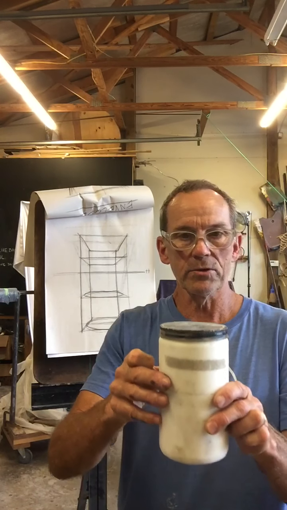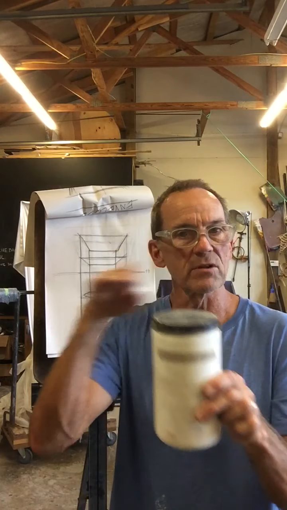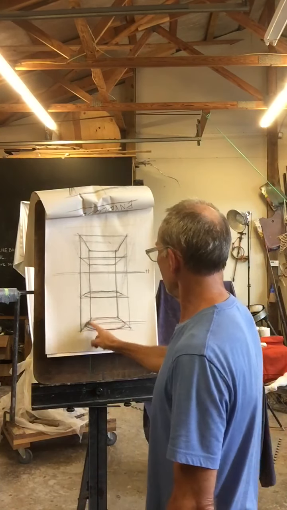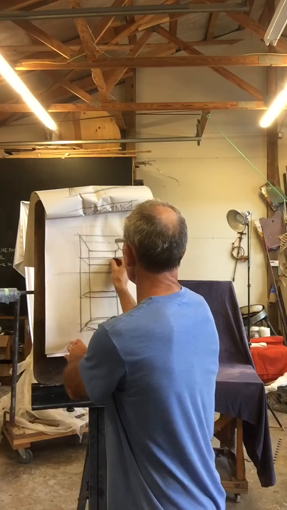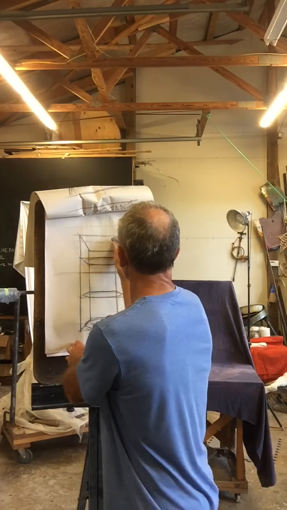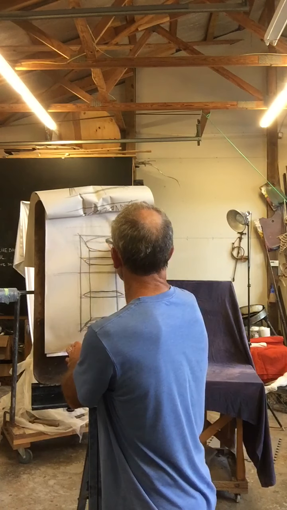As it starts getting closer and closer to my eye level, it's slimmer and slimmer, right? So at my eye level, it's just going to be a line. So that means as I move upward, this elliptical shape is going to get slimmer. It'll be flat here, and then I'll see the underside of it, and that underside will become more and more evident, or I'll see more and more of it.